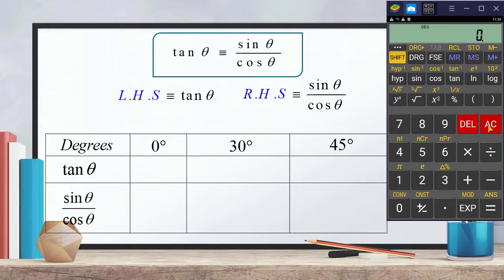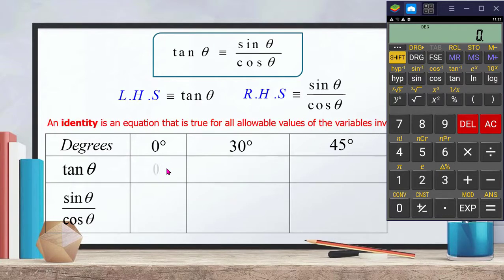Okay, so if theta is equal to 0, we'll be doing this on a calculator, and make sure that your calculator is set to degrees. So 0 degrees, then we press tan. The answer is 0. So tan theta is equal to 0.